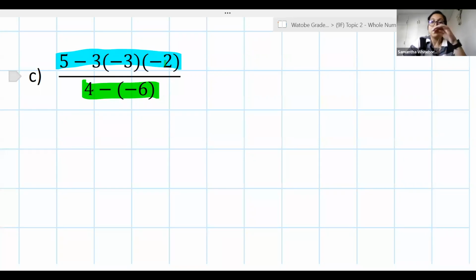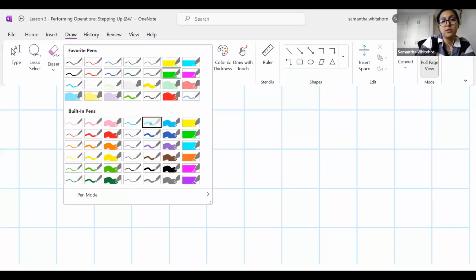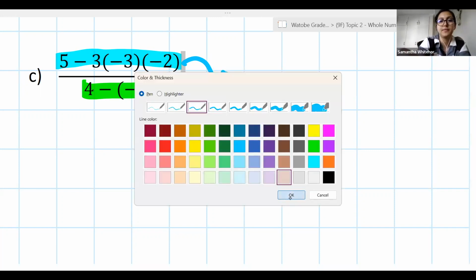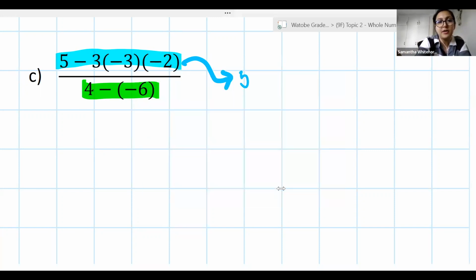If you want to do your working out on the side, that's fine, whatever you want, but let's start with looking at our numerator. So I'm going to do it on the side here. My numerator is 5. That's a very thick pen and seems a little bit aggressive for what we're trying to do here. We've got 5 minus 3 times negative 3 times negative 2.